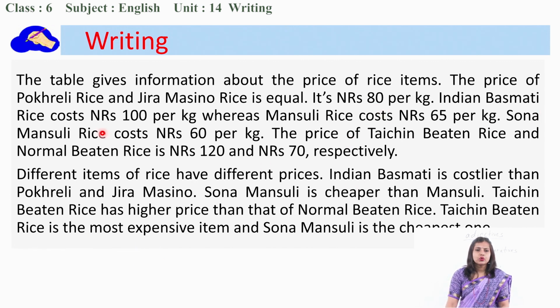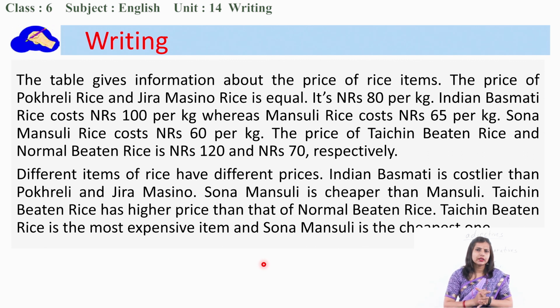Okay. Sona Mansuli rice costs NRS 60 per kg. The price of Taichin beaten rice and normal beaten rice is NRS 120 and NRS 70 respectively. Respectively here means Taichin beaten rice costs 120 rupees per kg, whereas normal beaten rice costs 70 rupees per kg.